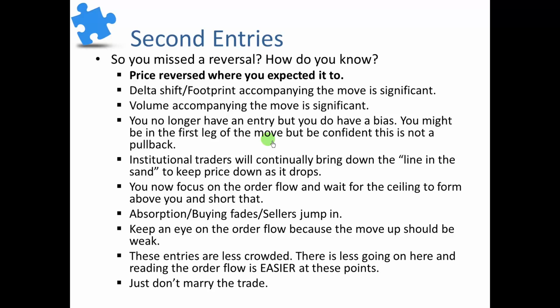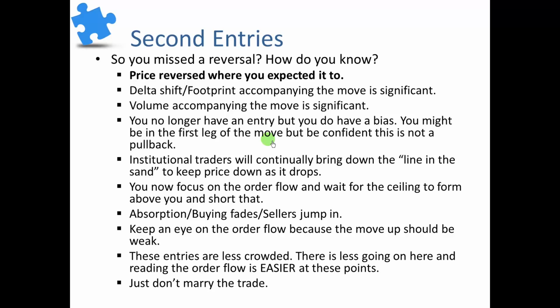Plus, I've got 3 or 4 levels. Should I just fade each level every time, knowing that only one of them is going to work out? Now, based on what we know about price action and order flow, we can start identifying which moves are reversals and which are pullbacks, and use that to set our bias and then look for a second entry.